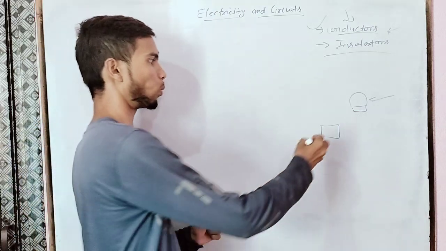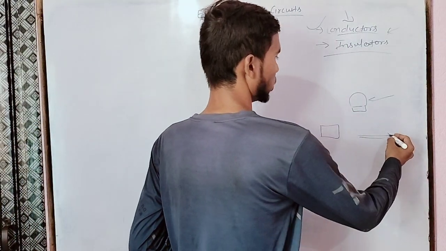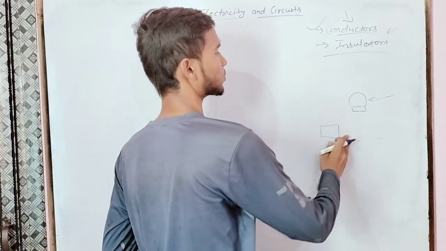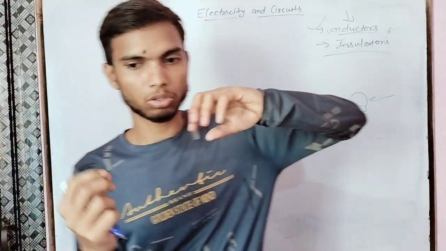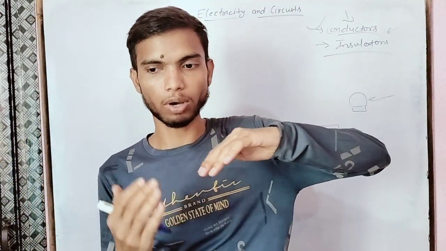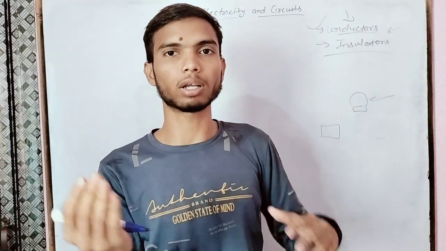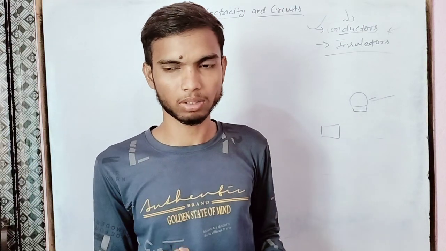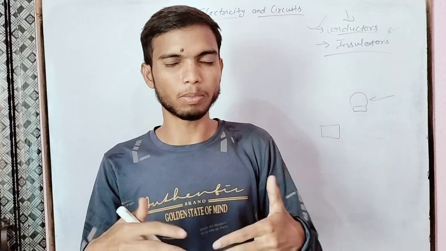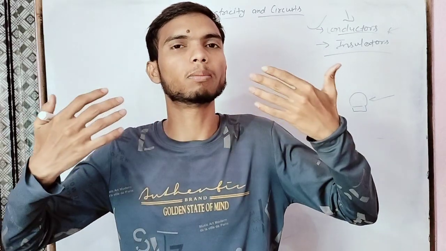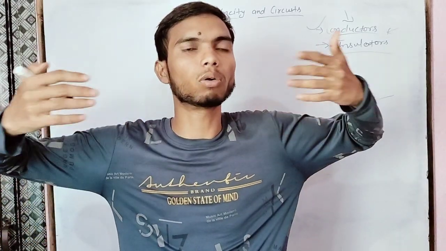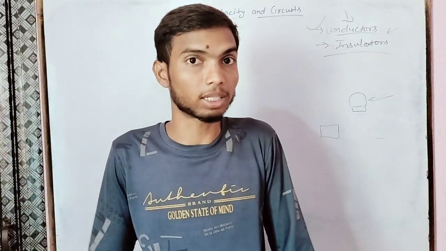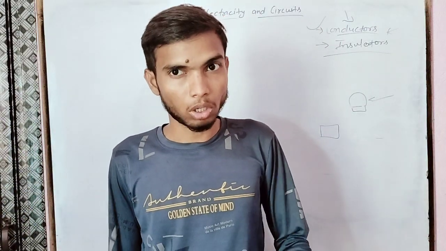Now what about a wire? You can see the covering part surrounding the wire is made of plastic. Now plastic is an insulator.